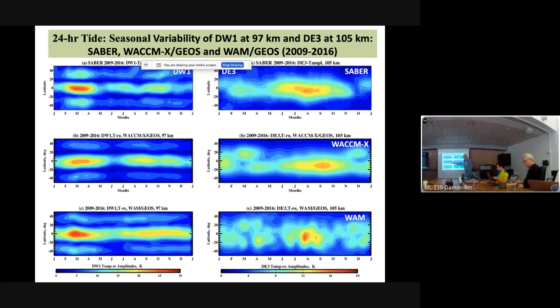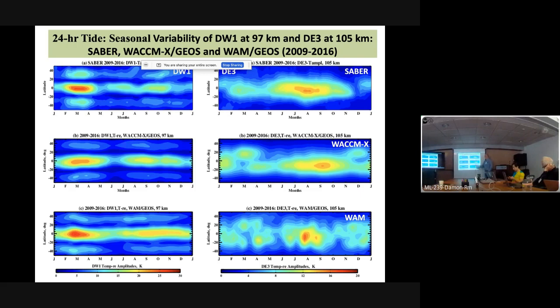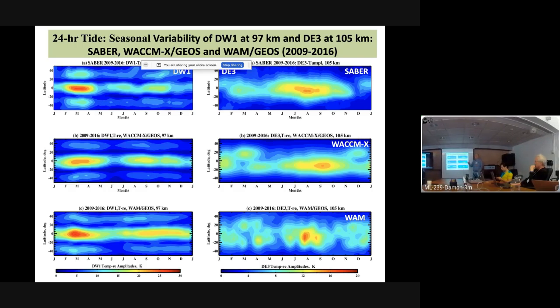WACCM-X driven by GEOS is a little bit less than WAM, and I will probably attribute this, as I discuss later, to differences in gravity wave physics parameterization and also two different dynamical cores. I need to mention that WAM uses a spectral dynamical core, while WACCM-X is finite volume on a rectangular grid.